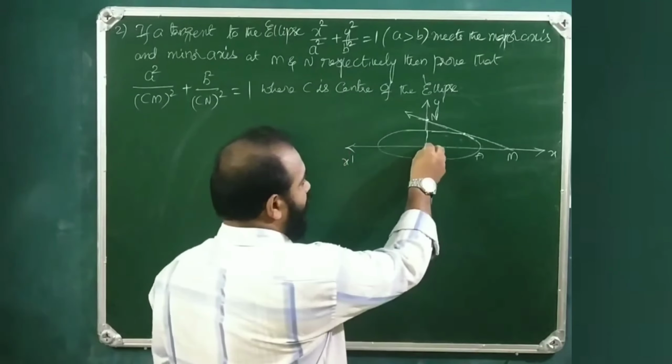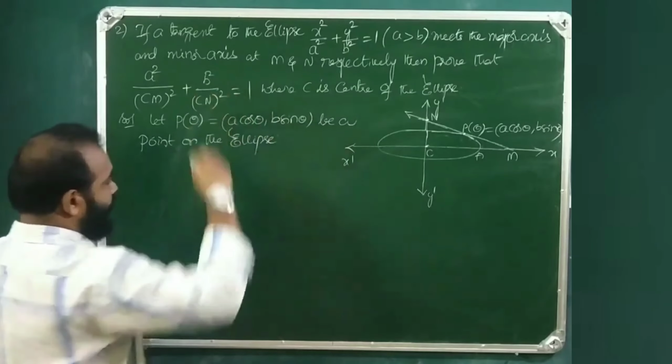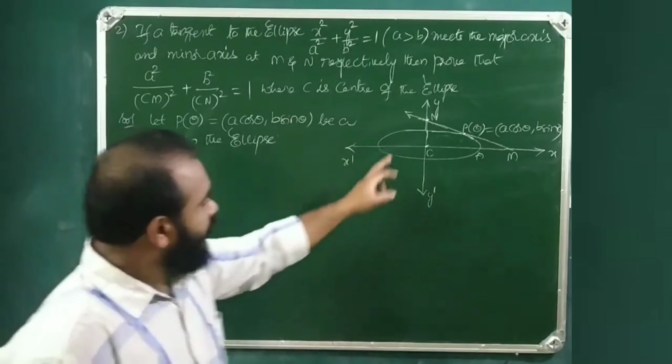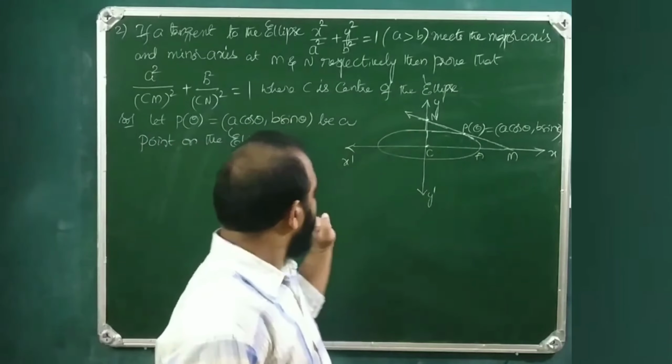So let P theta equal a cos theta, comma b sin theta, be a point on the ellipse. Now, this is CM and this is CN.